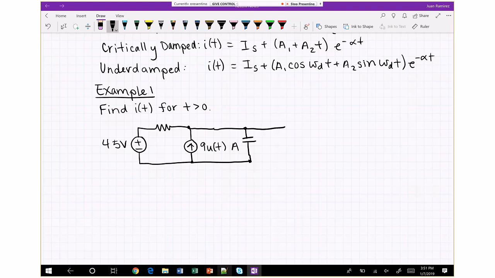Whereas with a step input for a voltage, when the step input is high, you apply the voltage. When it's low, let's say 0 volts, that's replaced with a short circuit, not an open circuit, because 0 volts is represented with a short.